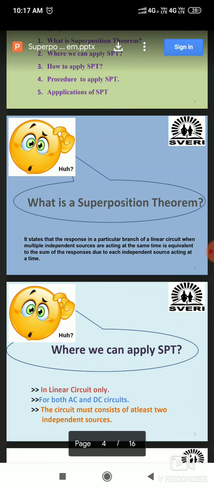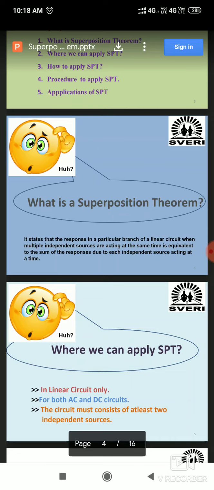That is, all ideal voltage sources are replaced by short circuit, and all ideal current sources are replaced by an open circuit.